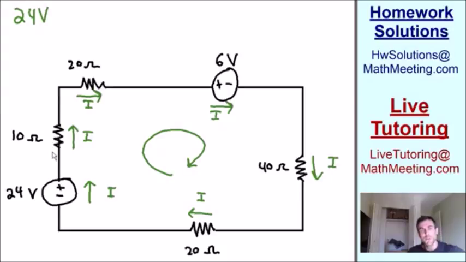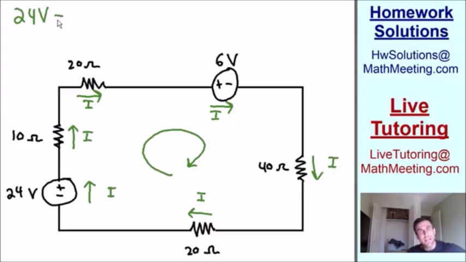All right, moving up to our resistor. The voltage change is going to be the current multiplied times the resistance. And once again, since we're going in a clockwise direction, that means we're going with the current. If we're going with the current, that indicates a negative voltage change across the resistor.